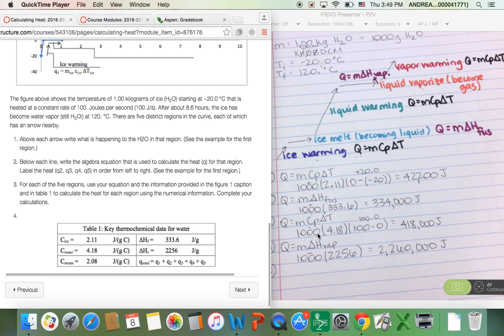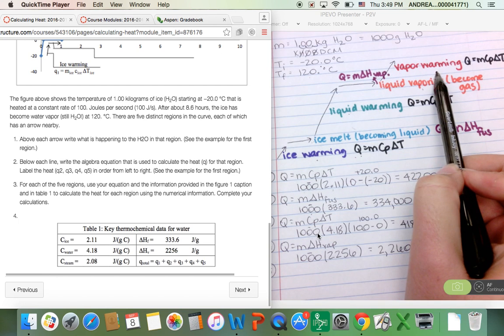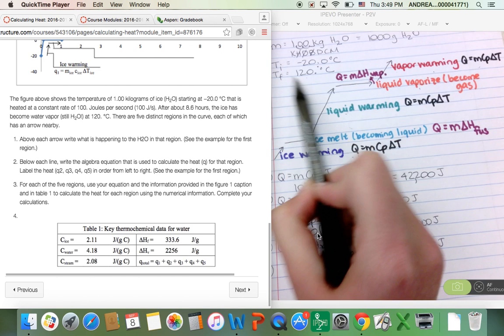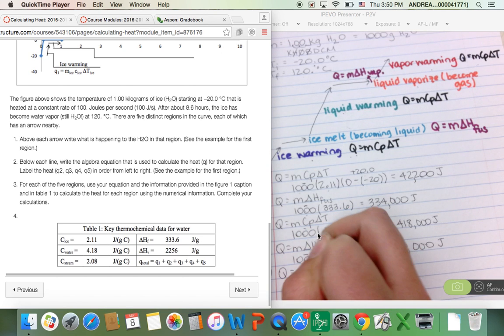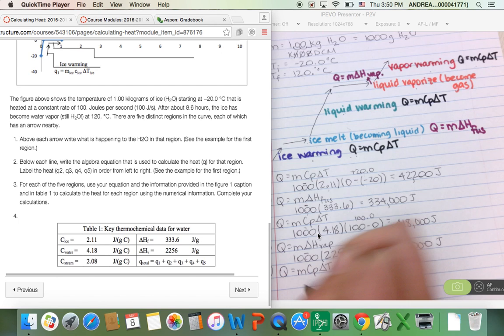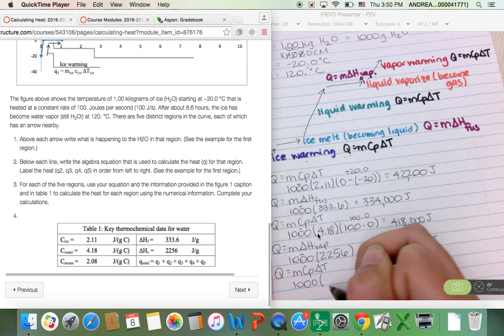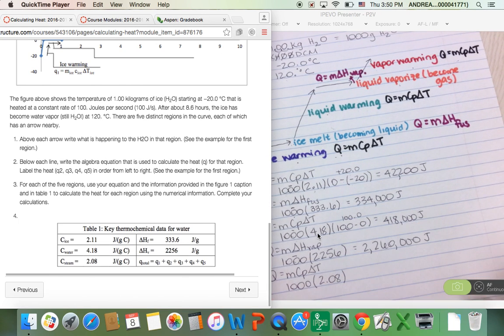That leaves us with our very last one. Now we're at the vapor warming. I'm going to use Q equals M Cp delta T, and I have to remember I'm stopping at 120 degrees Celsius. My mass is 1,000. The specific heat of vapor from the table is 2.08.